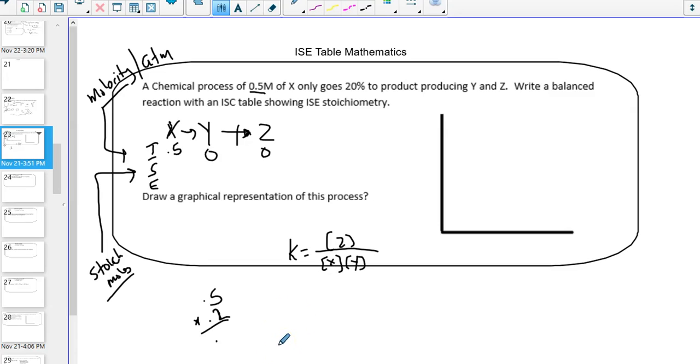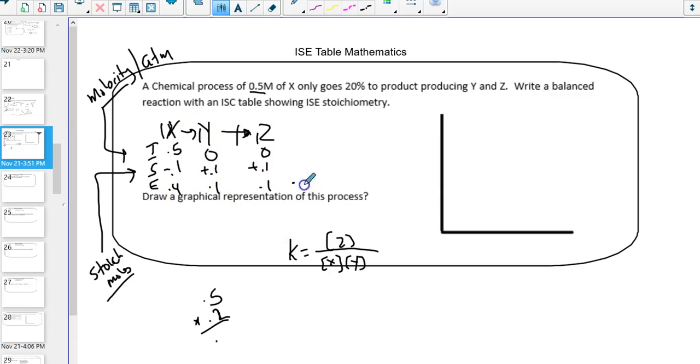Pretty early in the morning, my brain's not working. So minus 0.1, plus 0.1, plus 0.1. Make sure that your stoic ratio always follows the 1, 1, 1, or whatever we have here. This is going to be 0.4, 0.1, and 0.1.